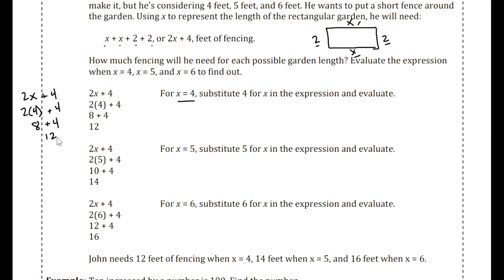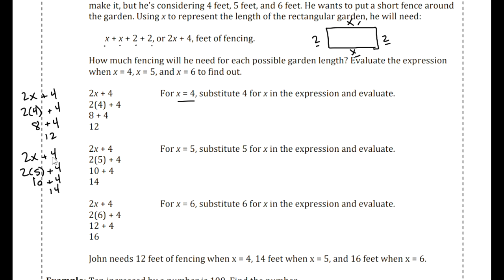So he'll need 12 feet for the entire garden if he makes it 4 feet long. What if he makes it 5 feet long? So we go back to the expression 2x plus 4, and in place of x we put in a 5. So that'll be 10 plus 4, he'll need 14 feet.